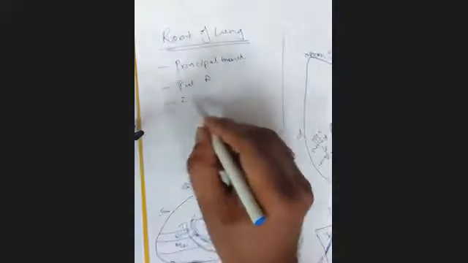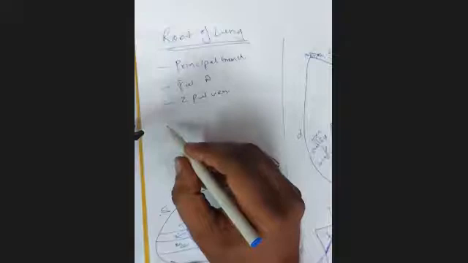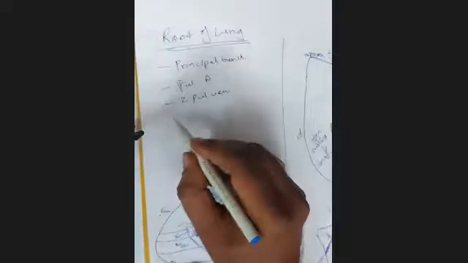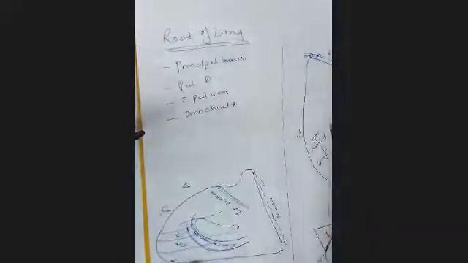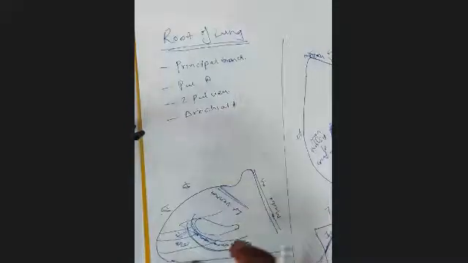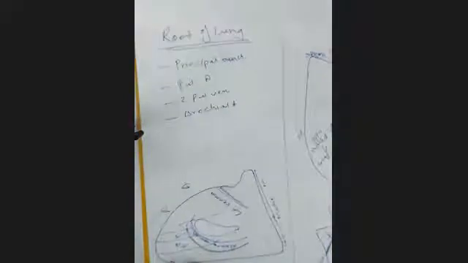There will be two pulmonary veins. Okay, there will be the bronchial arteries going. All this will enter through the hilum. So the structures which enter to the hilum is called as the root of the lung.